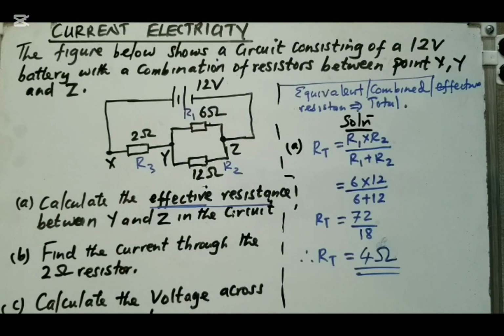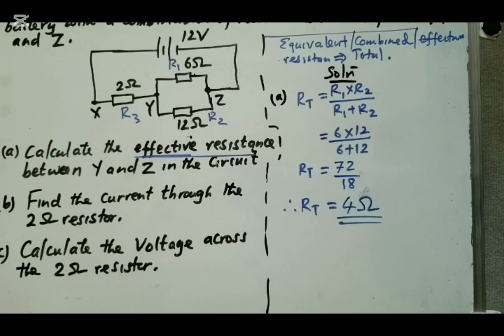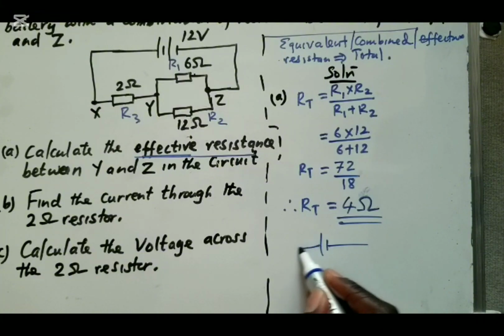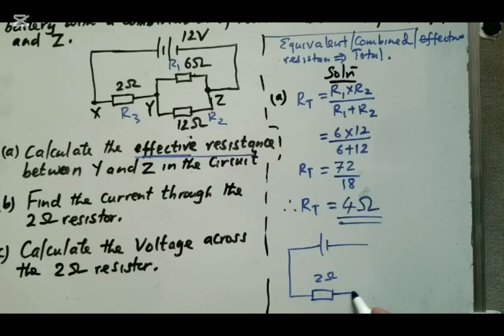Now what you have just done here is simplify the diagram. Let me show you how the diagram can be simplified, because we have found the combination of the two resistors. So we have the 2 ohms resistor. Now that you have found the combination of the two resistors in parallel, they can be represented by one resistor, and I've changed the color.